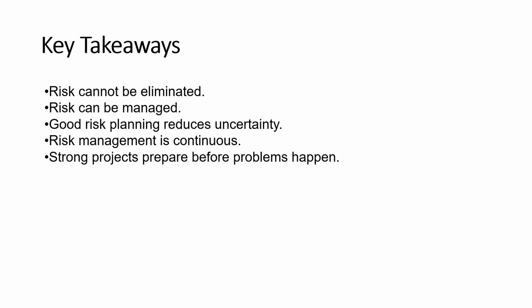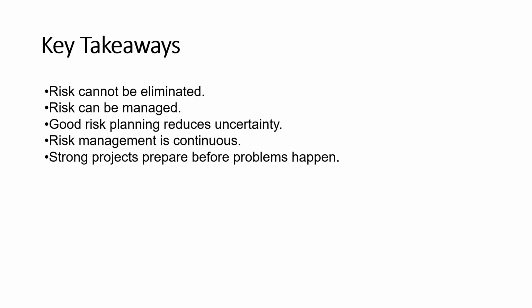While risks cannot be removed completely, they can be identified, analyzed, and controlled through proper planning and response strategies. Third, good risk planning reduces uncertainty. It helps project teams prepare for possible disruptions, improve decision making, and reduce surprises during project execution.